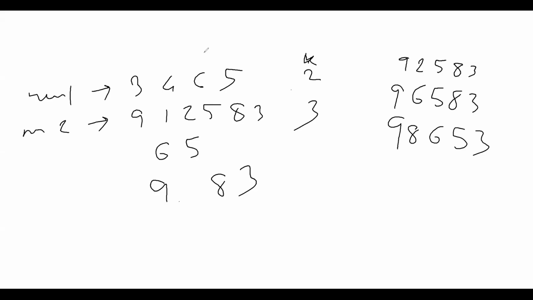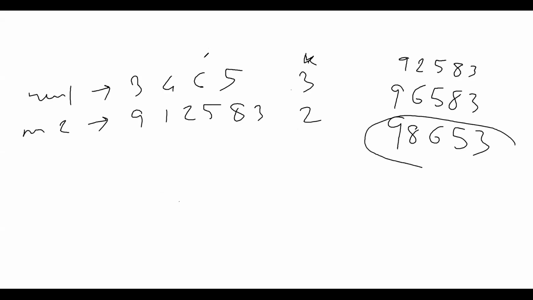So we don't even have to go back. Now we keep on doing it here, like we had 2, so we make this 3 and this 2. If we keep on doing it, we always come to this being the largest one, and then we return this, right?